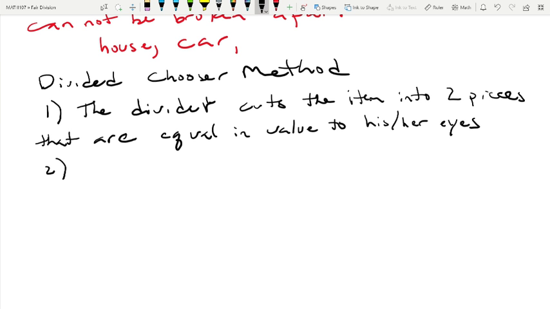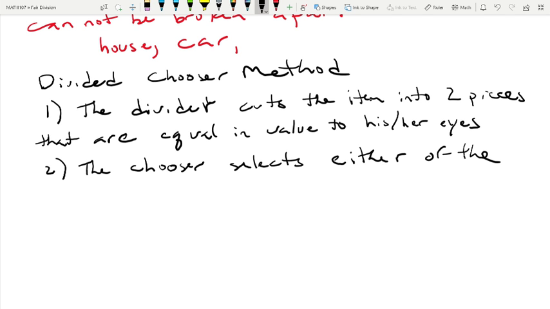Step 2, the chooser selects either of the two pieces. And step 3, the divider gets the remaining piece.